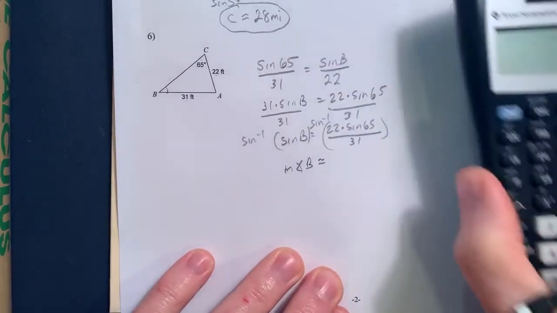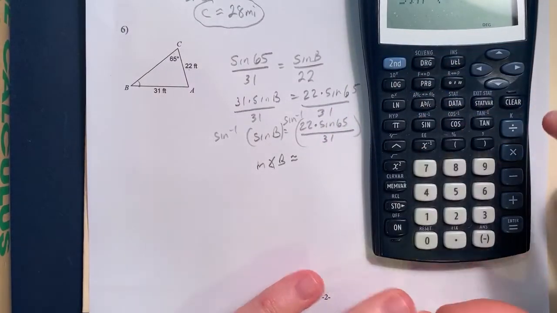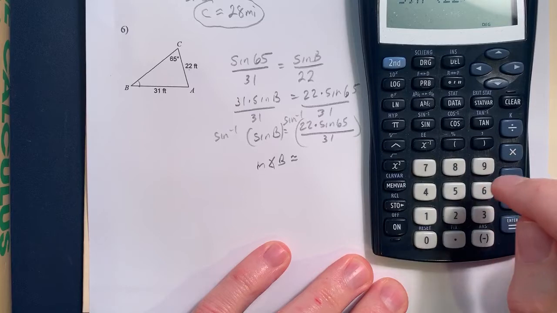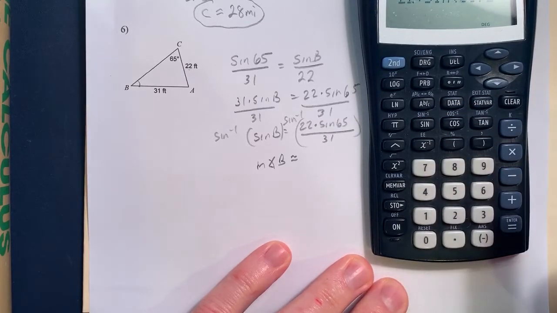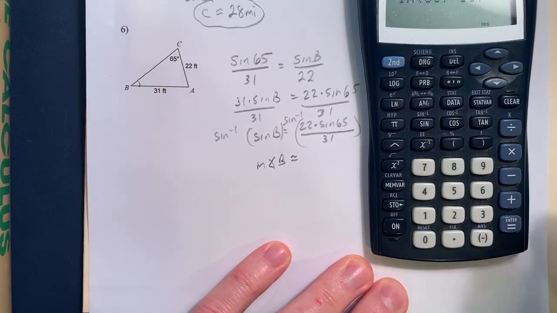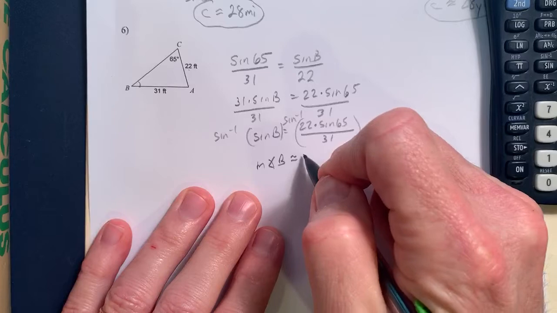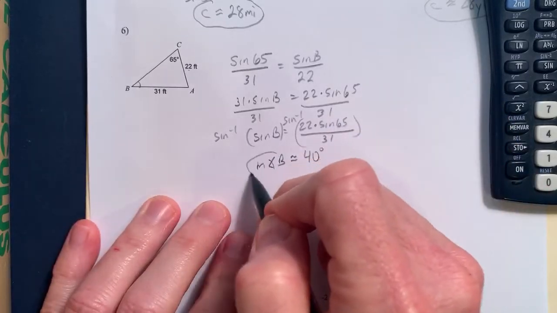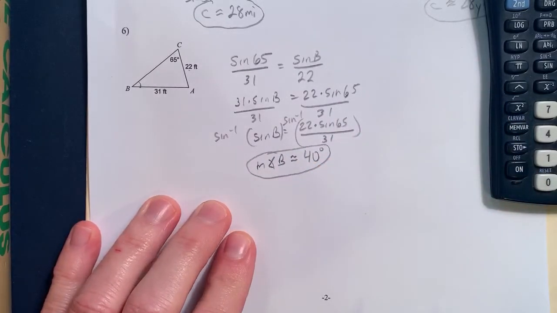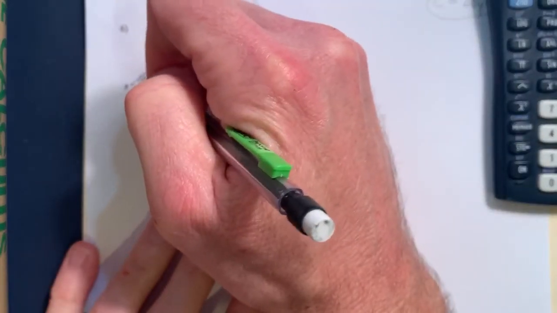This is where I enter it in. Sine inverse of 22 times sine of 65, in parentheses, divided by 31, in parentheses. I got 40. So the measure of angle B is 40 degrees.